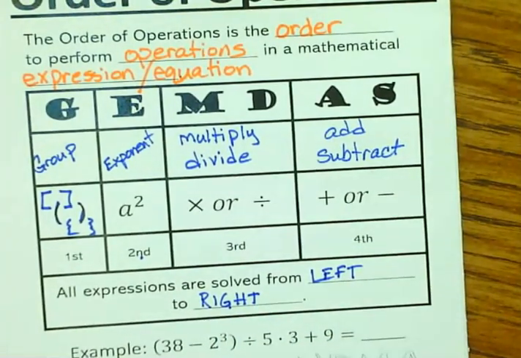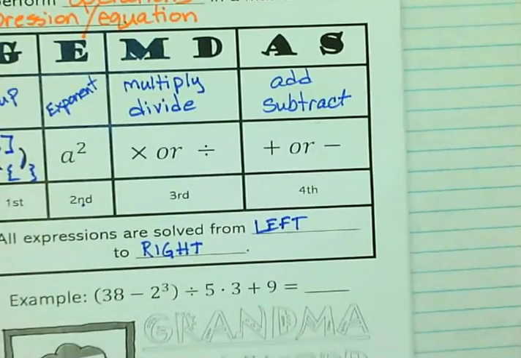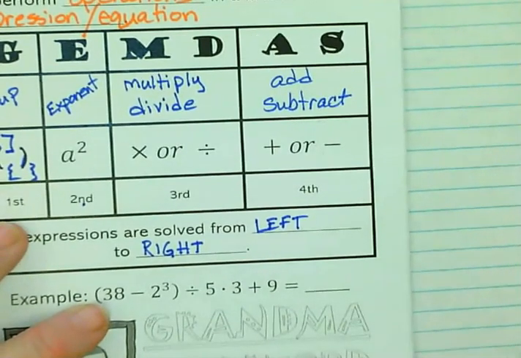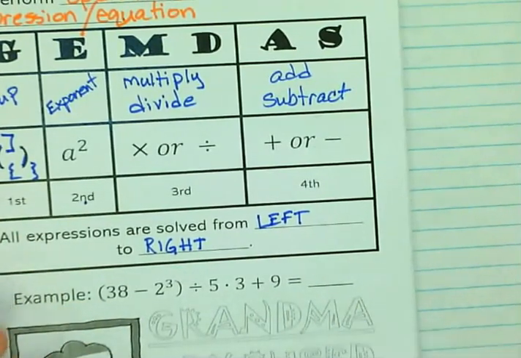Okay? Now at this point, I'm going to ask you to have your notebook open to page 91 because Mrs. Armstrong and I do notes differently, and she loves to have pictures. I love to have room to show you how to do the math. So we've got this example problem.